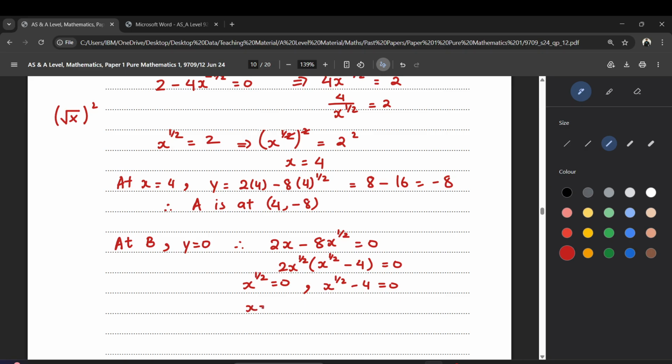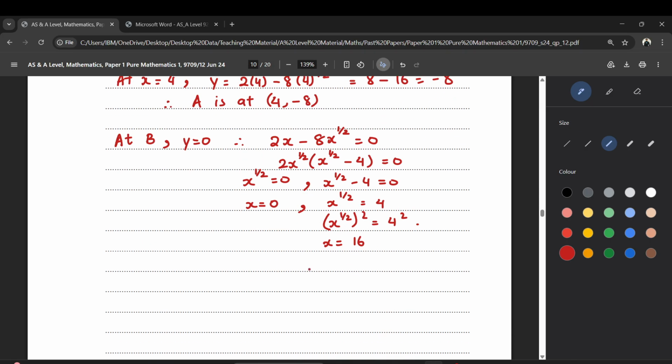So this would be x equals 0, and this one would be x to the power half equals 4. Again, here we are going to square both sides. So this would be x to the power half whole square, and 4 square. All right. So therefore, x is equal to 16. Therefore, B is at 16, 0.